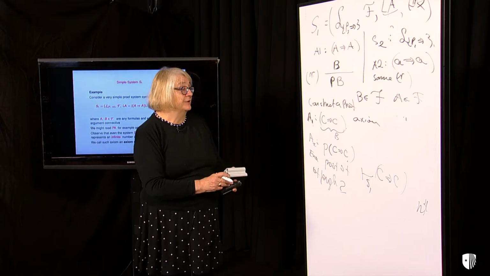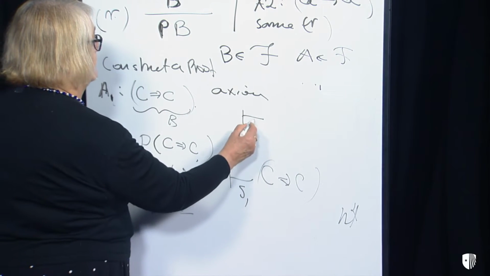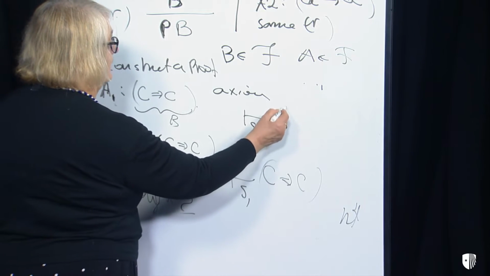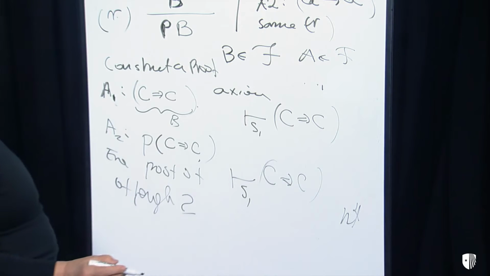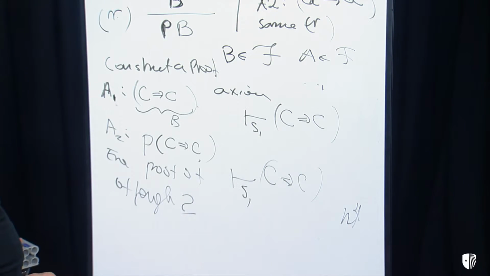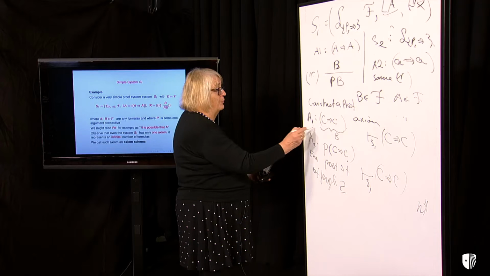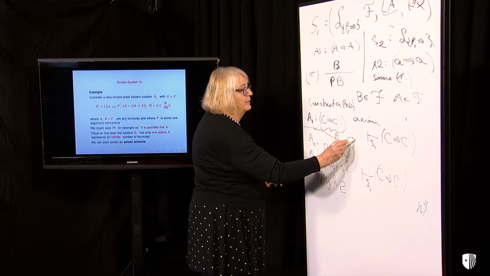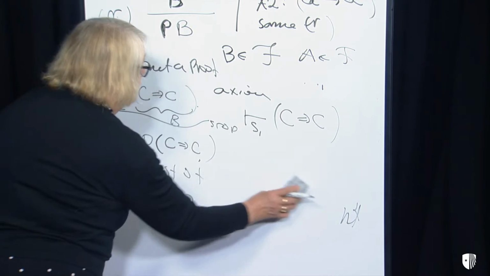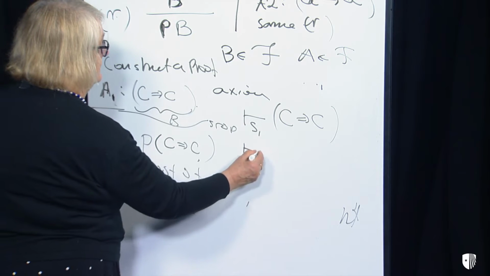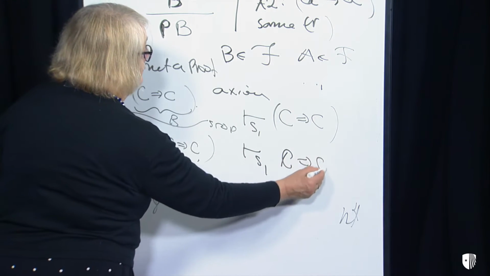So I proved P, C implies C. So I can write, in S1, I proved P(C implies C). Of course, in S1, I also can stop. You can stop your proof here, and I can say that in S1, I proved P(C implies C).